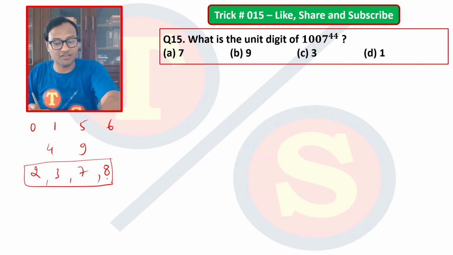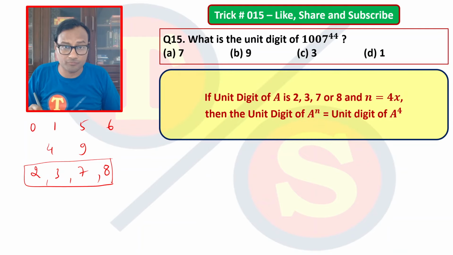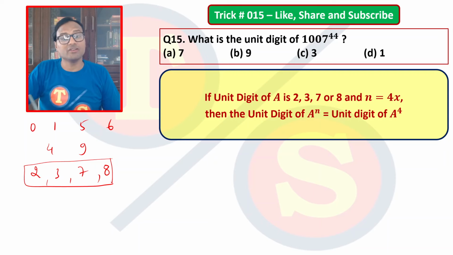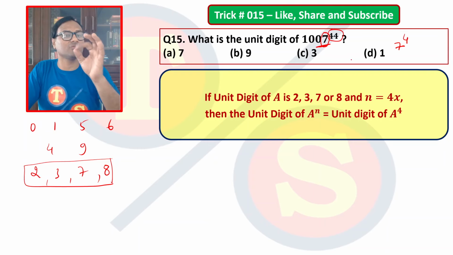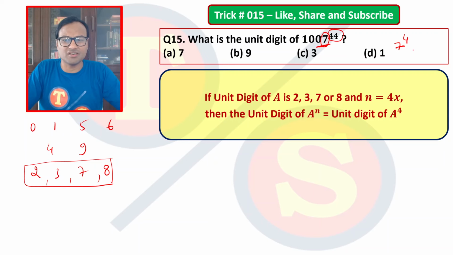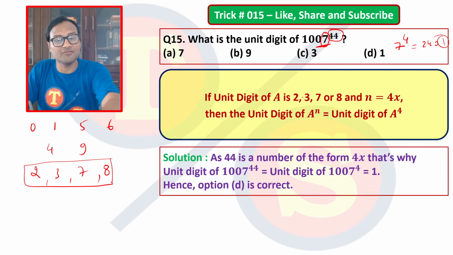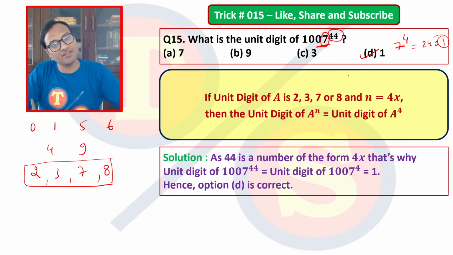The first rule is that if the power is a multiple of 4, then you just have to calculate the power 4 of the given unit digit. Power 4 of the given unit digit means in this case you will take the unit digit 7, and because this power is a multiple of 4, you will think about 7 to the power 4. And that can be easily calculated, right? 7 7s are 49. 49 into 49 is 2401. So the unit digit of this number will be 1. So we can say for sure that answer option D is the correct answer.